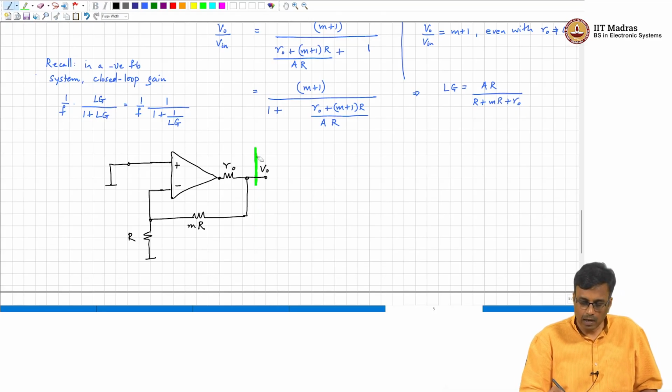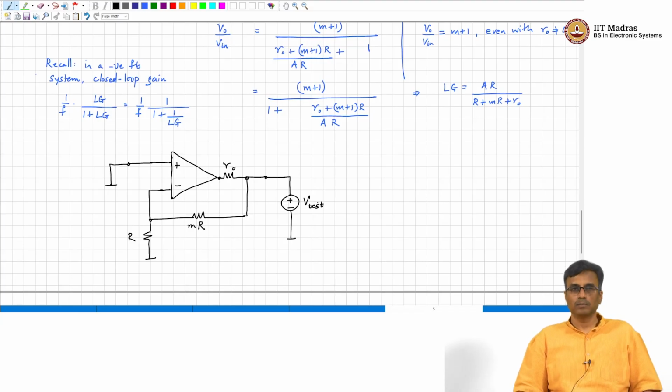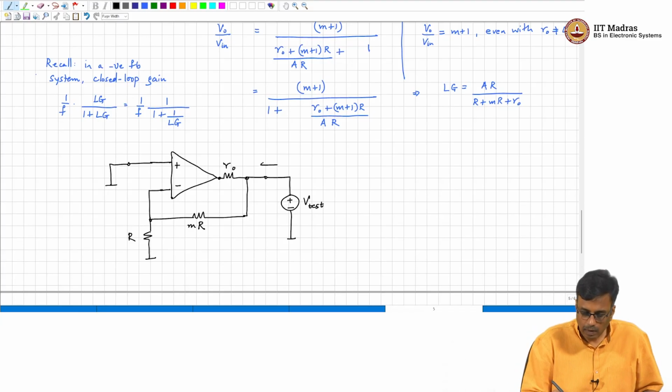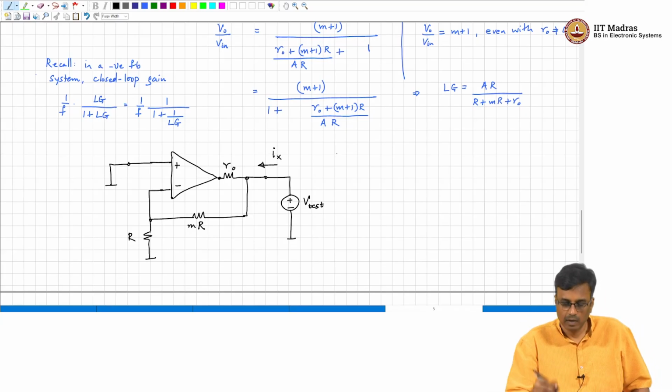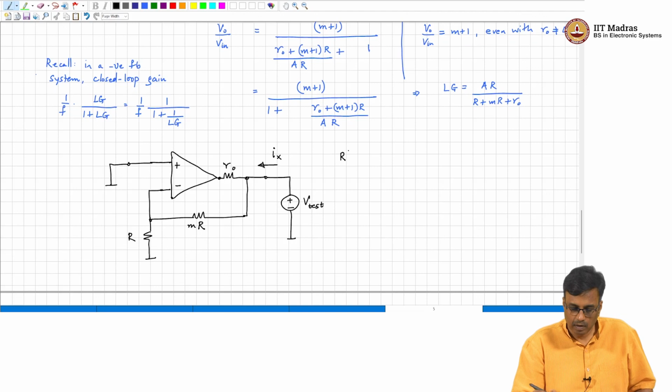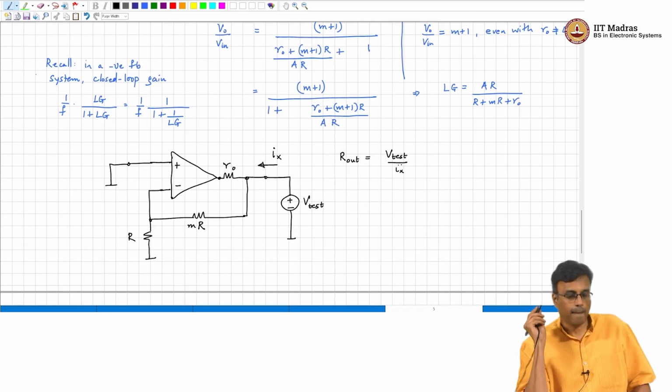And then we apply a V test and find the test current. Let me call that Ix. So, the output resistance R out is nothing but V test by Ix.